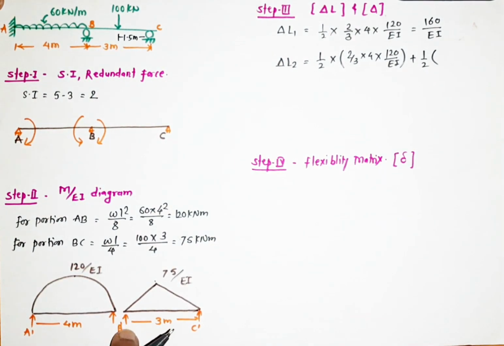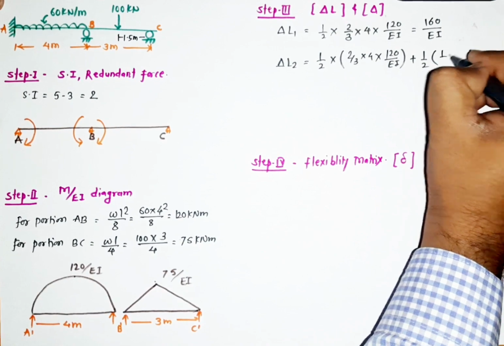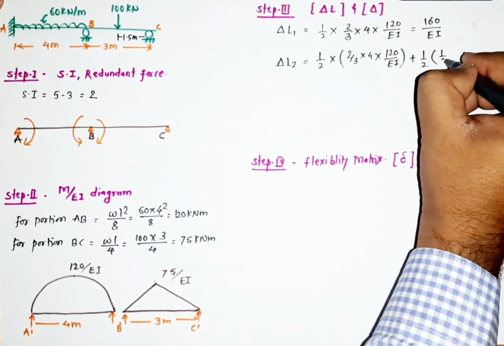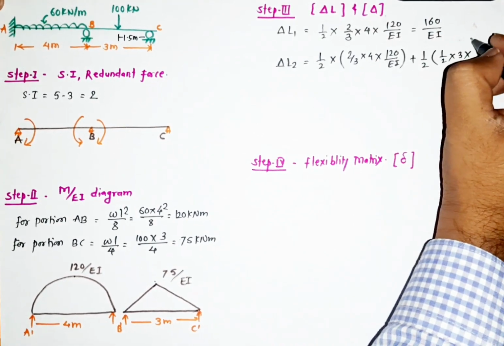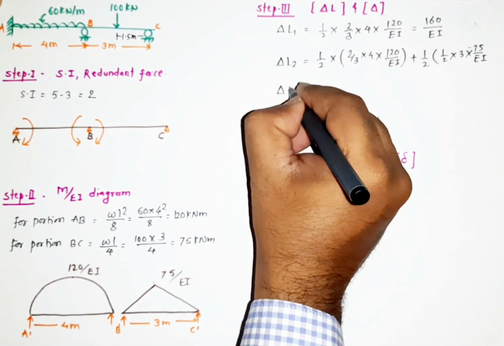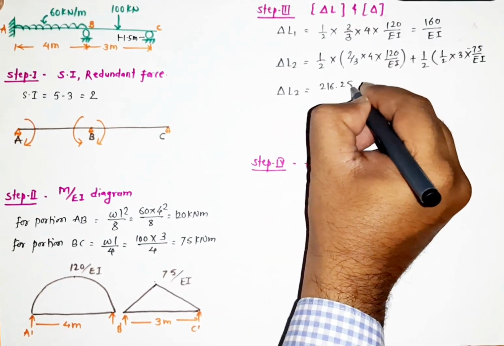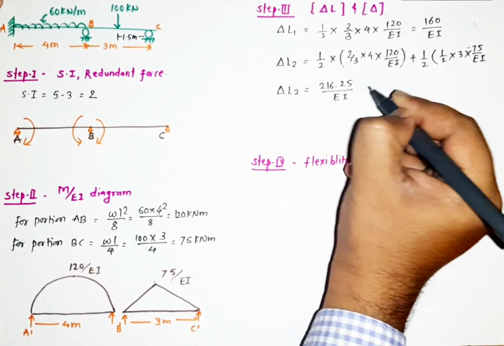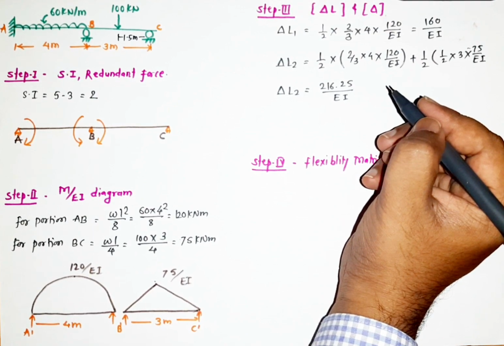At that particular reaction point, that is nothing but at A. At B there are 2, that's why we are adding 2. 1/2 into the triangle area, that is 1/2 into base 3 into height 75 upon EI. So when we solve it, delta L2 is equal to 216.25 upon EI.